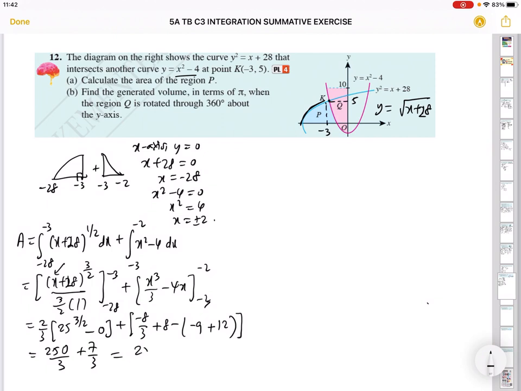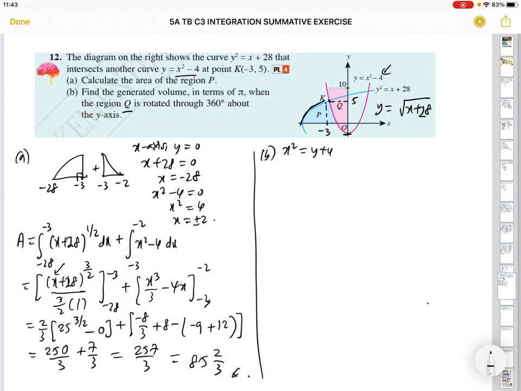B. I need to find the volume when shaded region Q is rotated 360 degrees about the y-axis. When you rotate about the y-axis, you need to make x squared the subject. So x squared equals y plus 4. Your y-intercept is negative 4, so it's quite clear cut, right? We have to integrate from minus 4 to 10. Volume is given by the integral of pi x squared dy from minus 4 to 10.